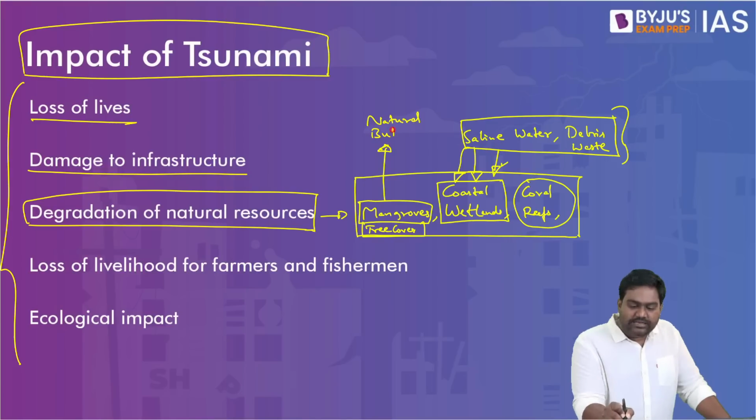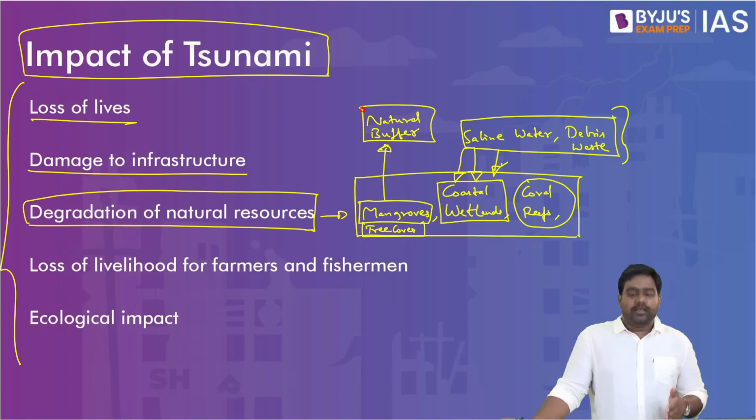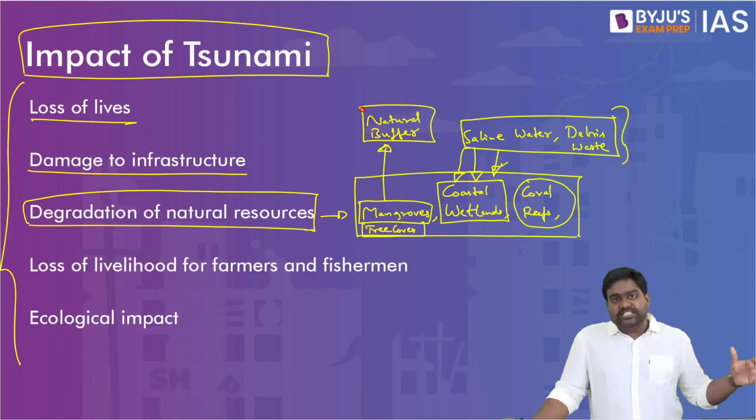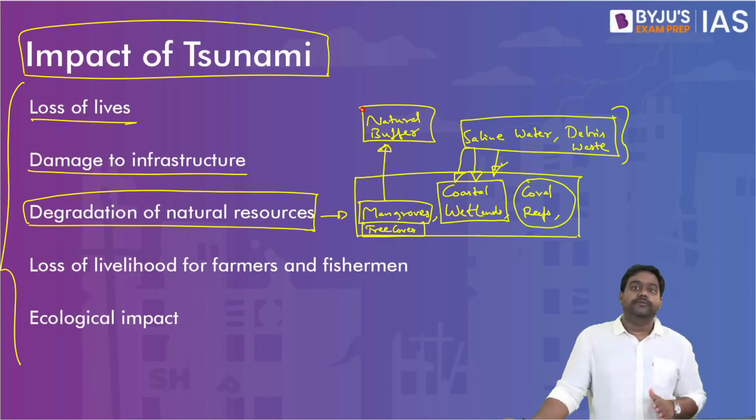Remember, I had explained this under cyclones. How mangrove forests and tree cover along the coastline act as a natural barrier which cuts off the high-speed winds and the flood water coming during a cyclone. Similarly, the speed and strength of a tsunami wave can be cut quite extensively by mangrove forests and tree cover.